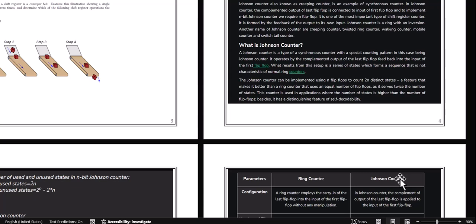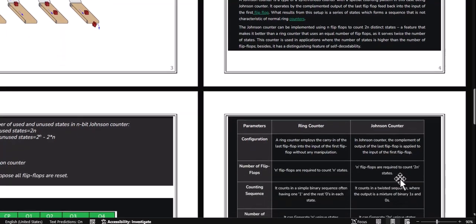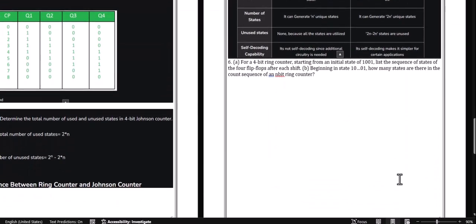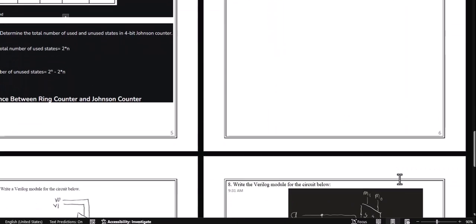You could also use an up counter for that. It has a distinguishing feature of self-decodability, which basically means you can use it to check itself. That just does not tell me. See if by any chance I still have that website open, because it was good.